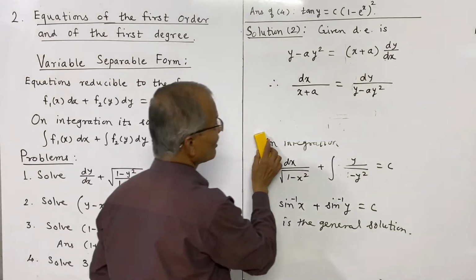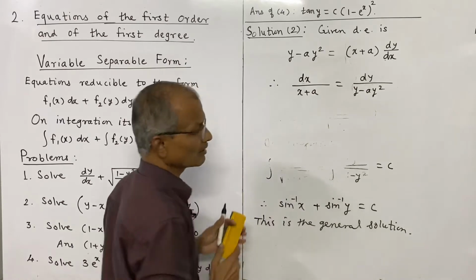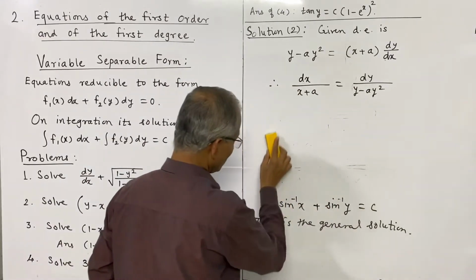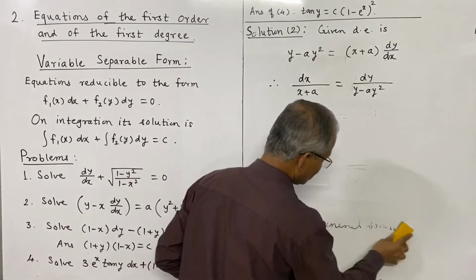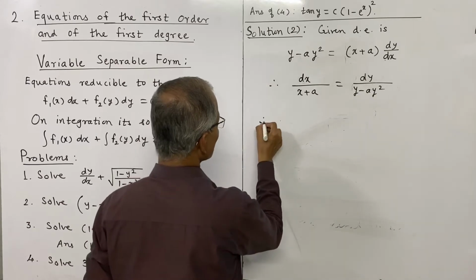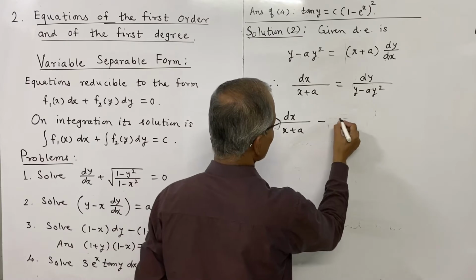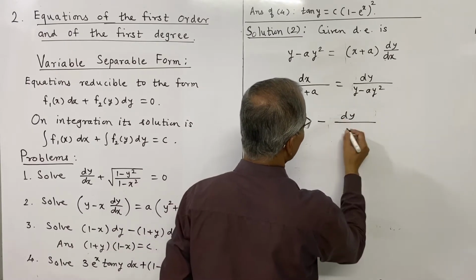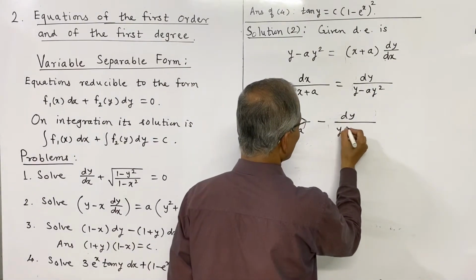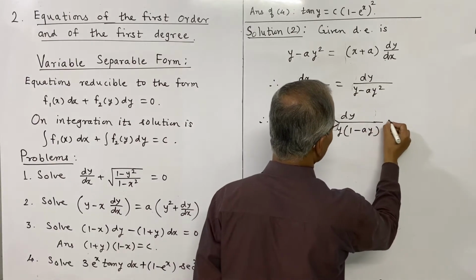And now we have to integrate this. So thus we have obtained the separate variable form, or it may be written on the left side also, that can be written as dx divided by x plus a minus dy divided by y, we can take y common, y into bracket, what remains inside the bracket is 1 minus ay, is equal to 0.